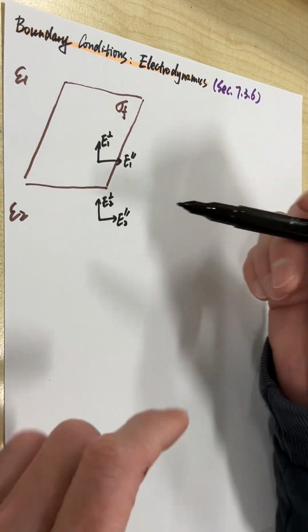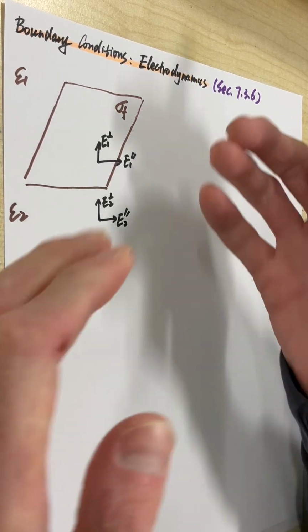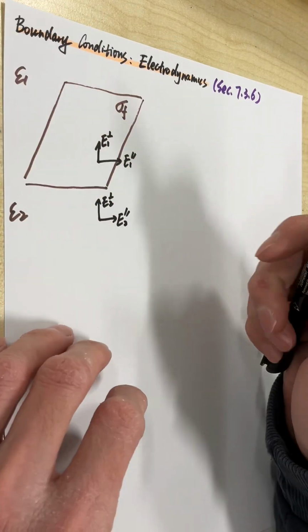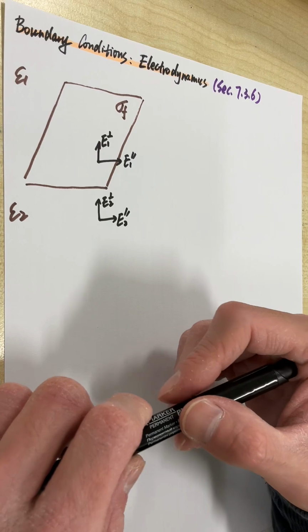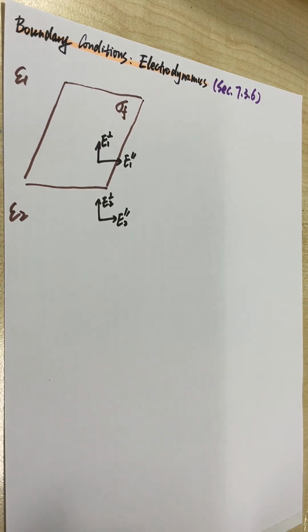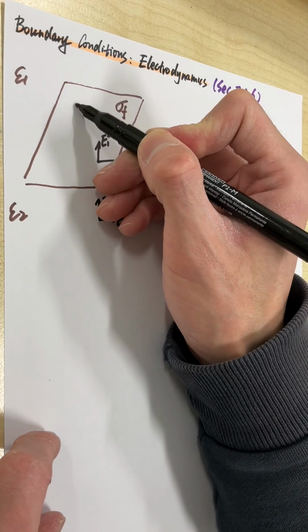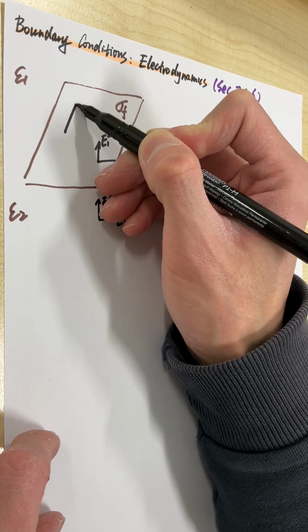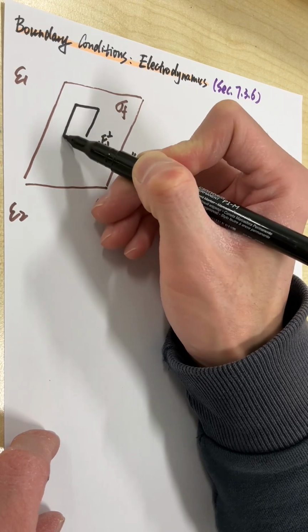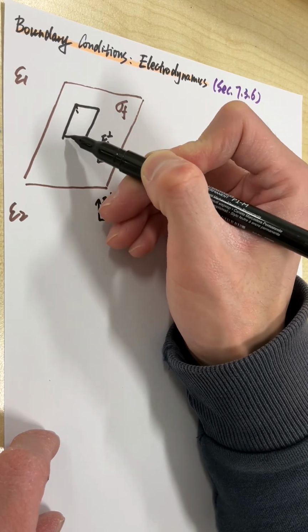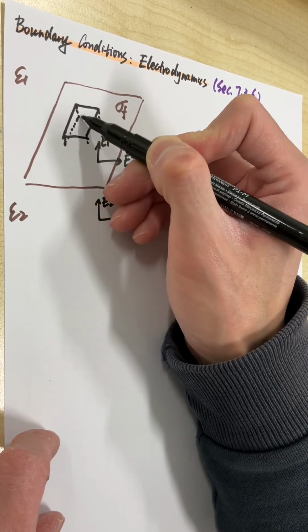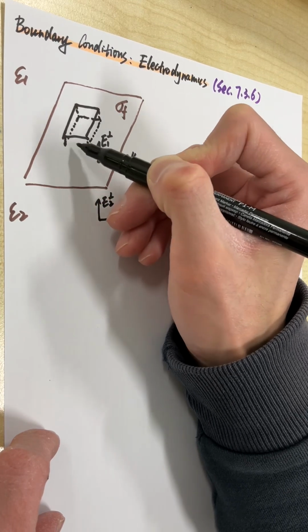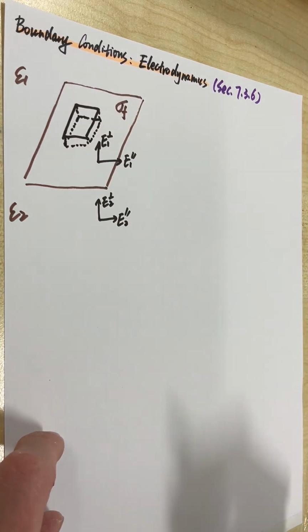We use E1, E2 here because later on the surface can be towards any direction, and this is more general than what we considered before. So now we also need to observe a pill box.